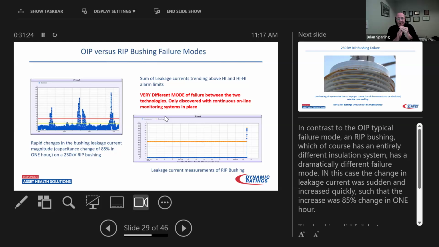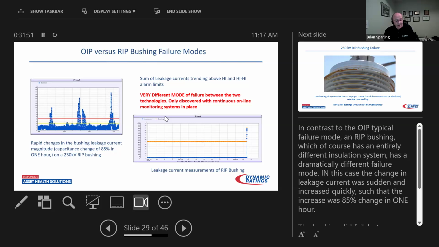So the sum current is still null, except for some point in time in May, I'll call it May 7th. For whatever reason, you can see a very sharp increase in the leakage current. And that was an increase of capacitance of 85% in 1 hour.